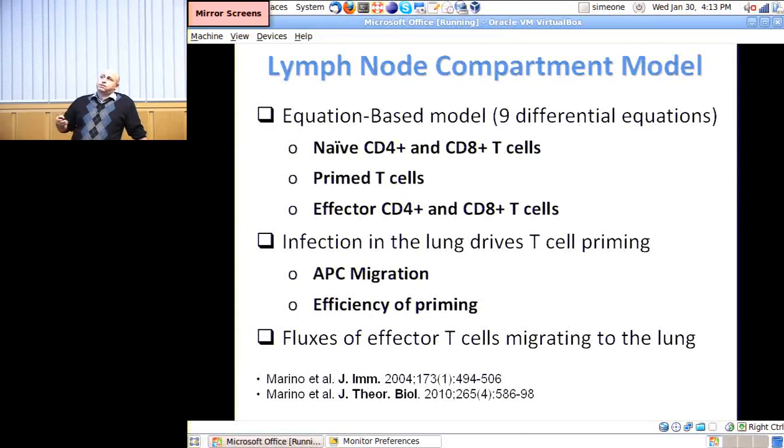So the infection in the lung drives T cell priming through antigen-presenting cell migration. The efficiency of priming is also important, and it's a parameter of the model. Those fluxes of effector T cells give us the number of cells that can migrate and can possibly be recruited to the lung.